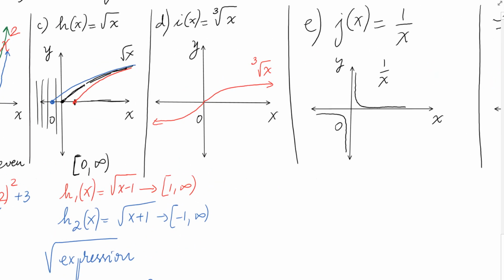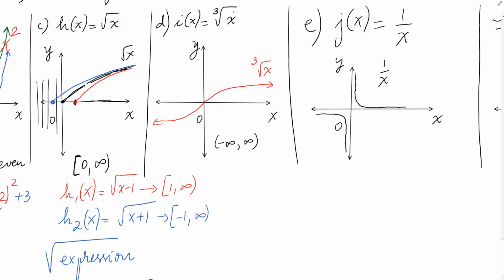Okay, now let's take a look at d. d is the function I of x equals cube root of x. So we have the graph. We see that this graph extends over the whole number line, right? So the domain would be -infinity to infinity. What does that mean?